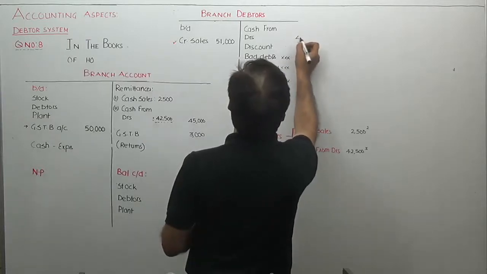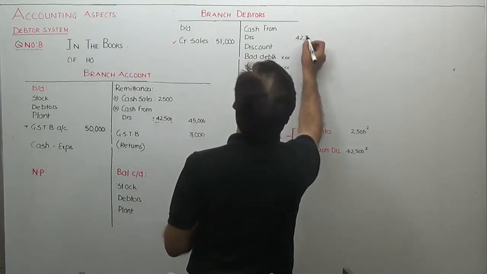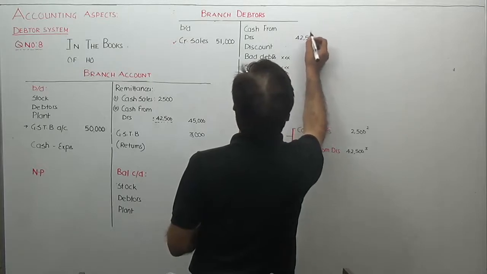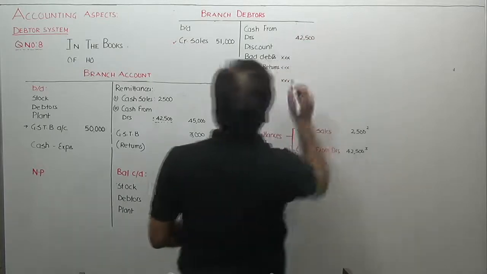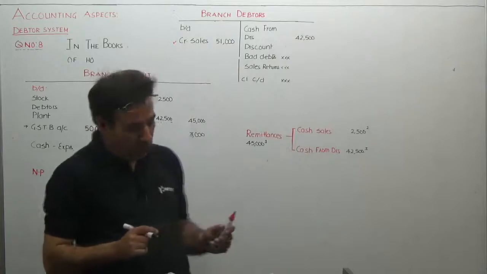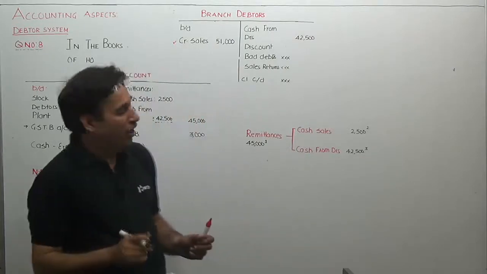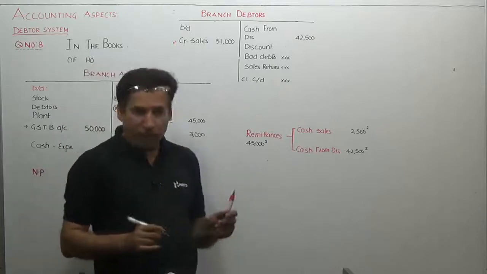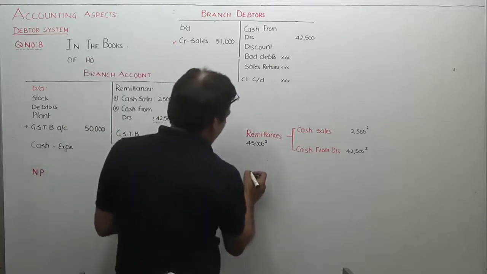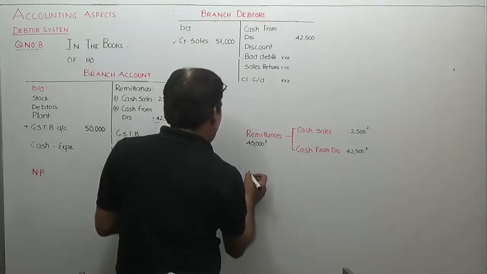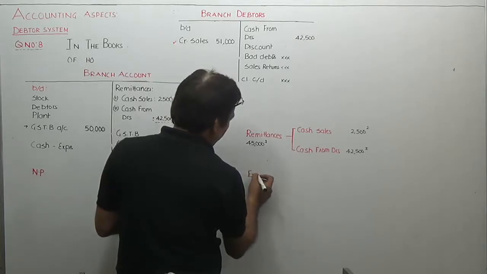So cash receipt from debtors 42,500 you will also write here. Correct? Now it is given in this question, expenses paid by head office.